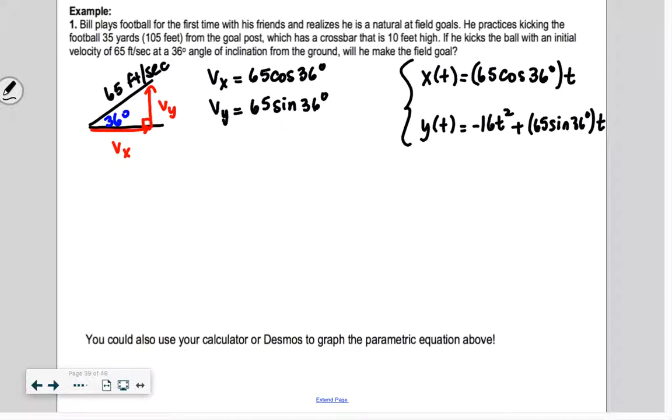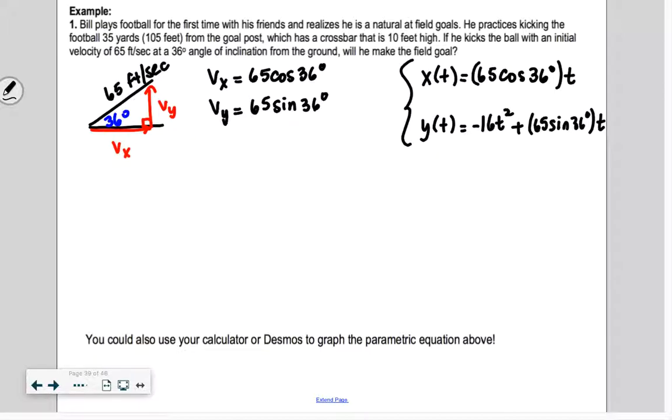So we're trying to figure out what happens when he kicks this a total of 35 yards away. Think about what we're trying to find. Can I find the time that it reaches the goalpost? How do I find the number of seconds it takes to reach it? I could do this two different ways.